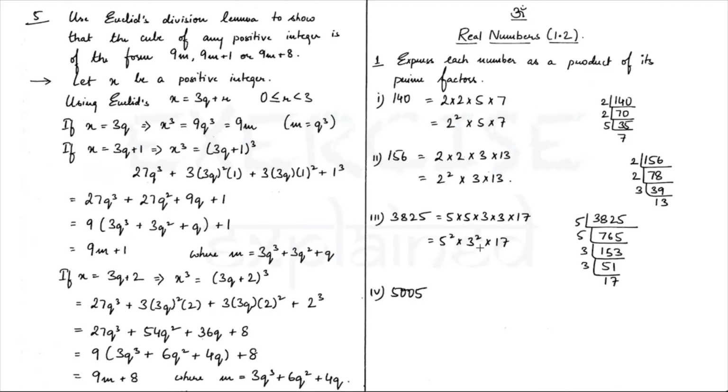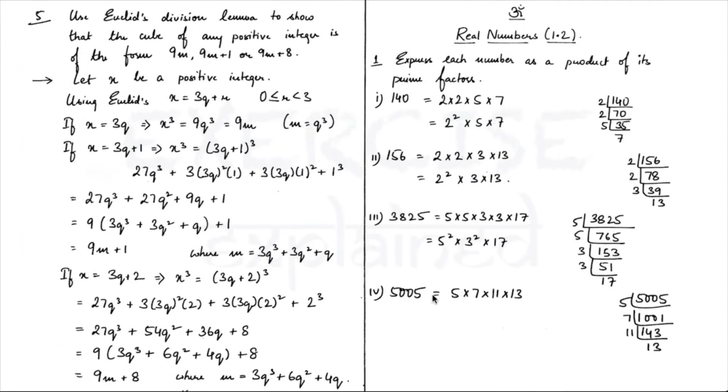So getting into class 10's real numbers exercise 1.2 first questions, fourth one, that is 5005. So I divide 5005 divided by 5, so that gives me 1001. Now 1001 is definitely not divisible by 2.